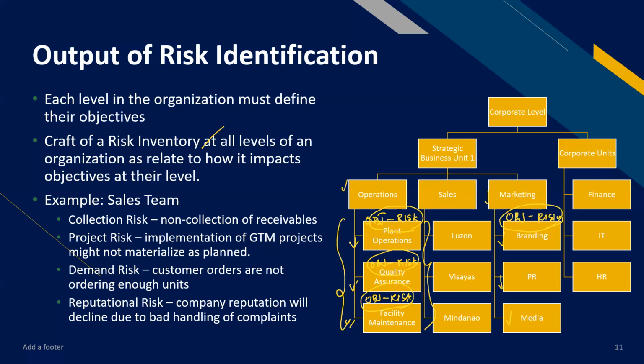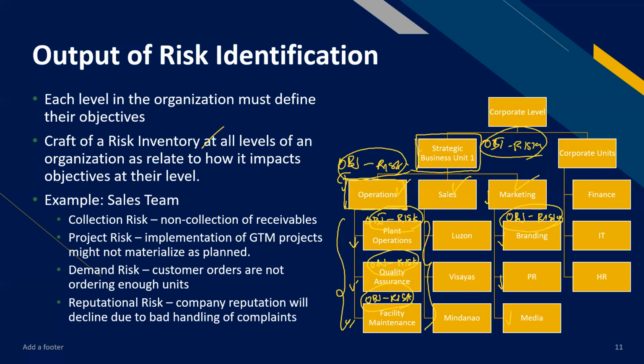Okay? Pag-uusapan at the department level, what are our objectives at the department level and what are the significant risks related to that objective. Tapos pag nagawa na itong tatlo, pag-uusapan at the strategic business unit level. What's our objective and what are our risks? Okay?